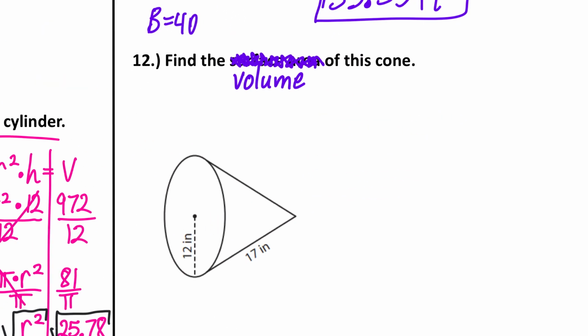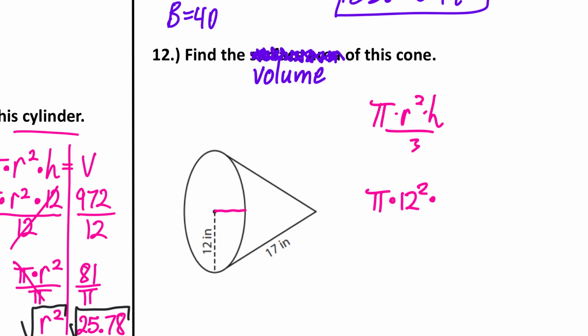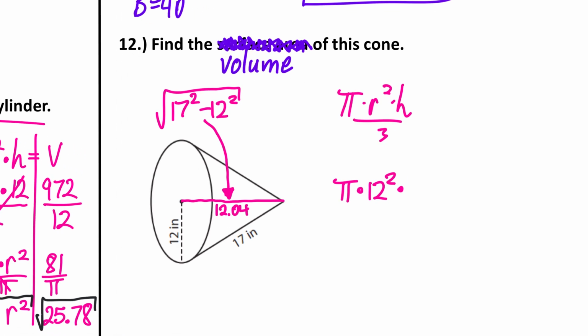All right, on this one, volume of the cone. So volume of the cone is pi r squared times h divided by 3. So pi times 12 squared times, do we know the height right now? No, we're going to have to find it. It's right here. So I'm going to do 17 squared minus 12 squared, square rooted. That's 12.04.